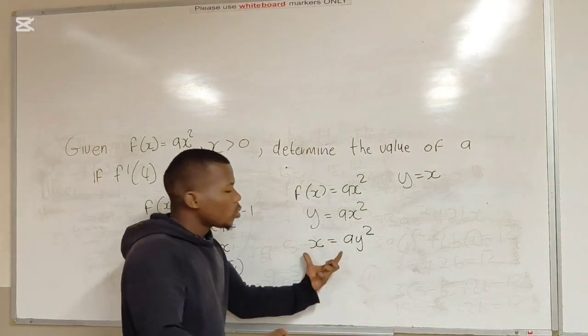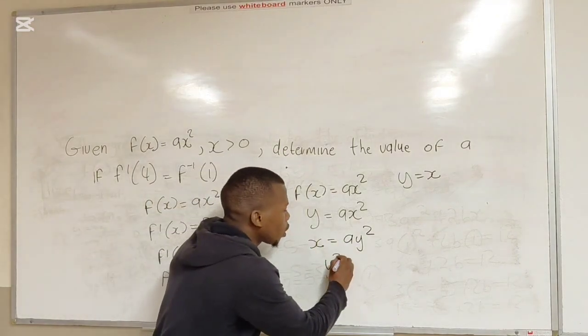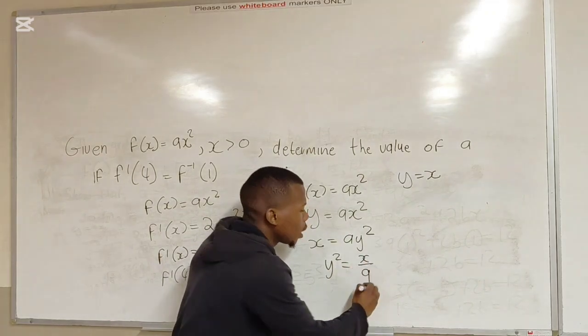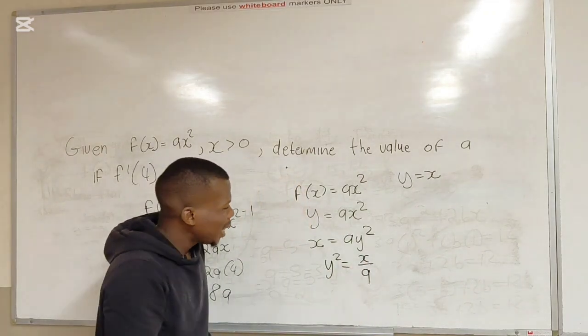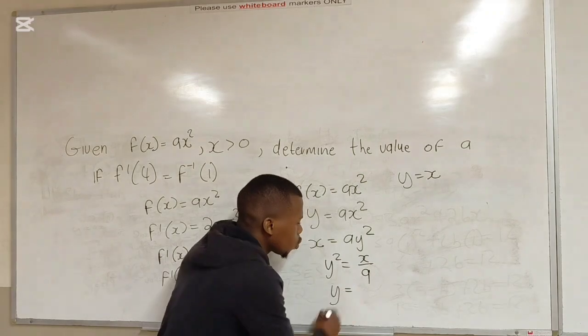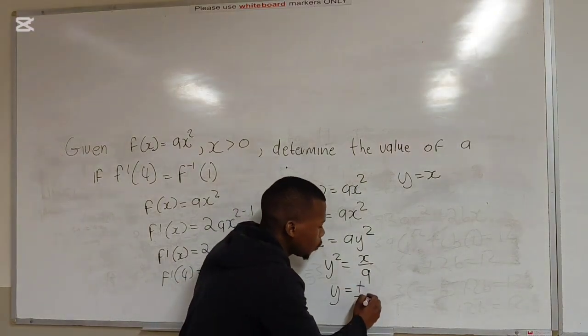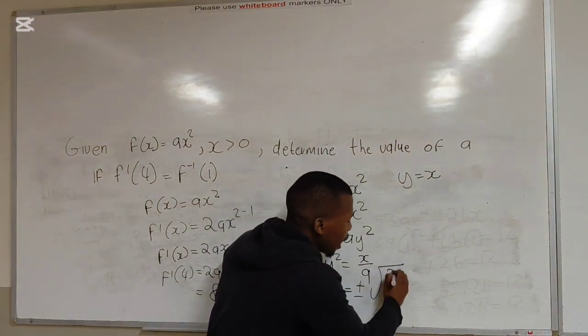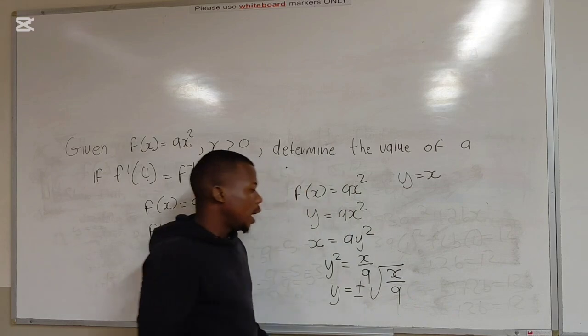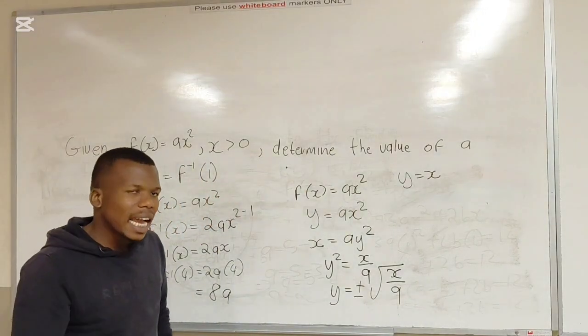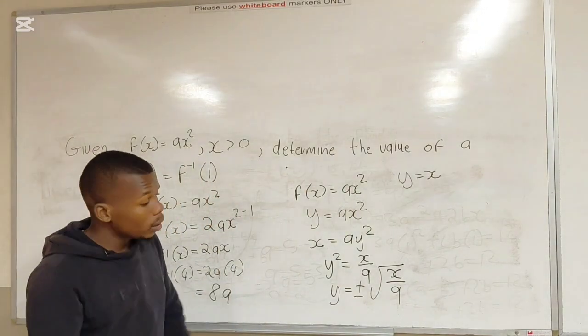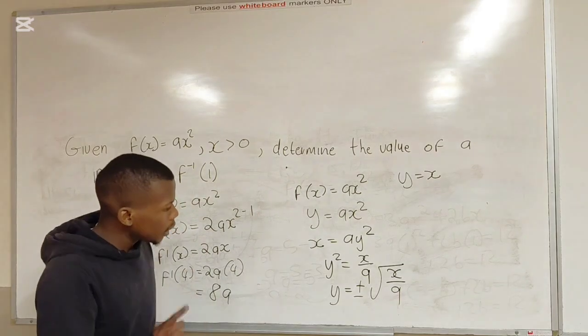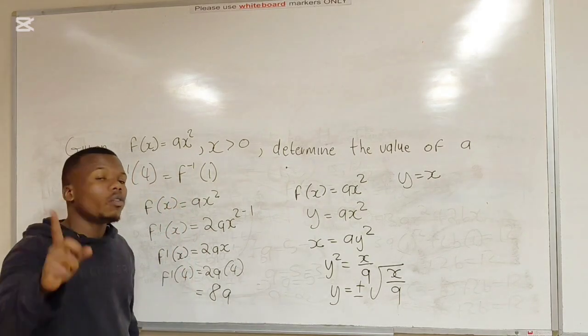When we make y the subject of the formula, I'm going to have y squared is equal to x over a. But remember, my y is equal to plus or minus the square root of x over a. But here, I can see that I get two values of y. But I need only one value of y.